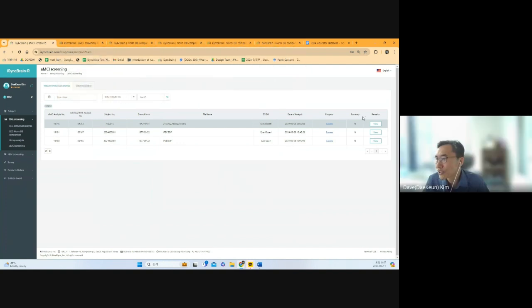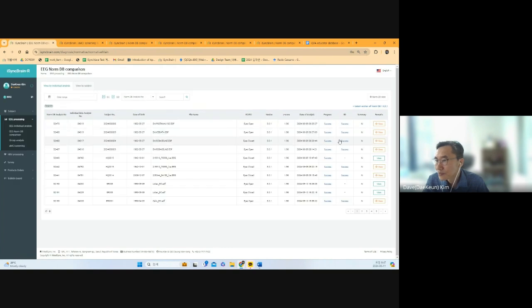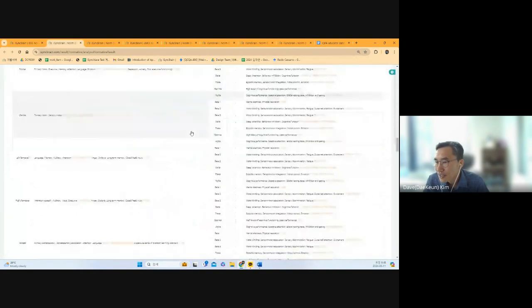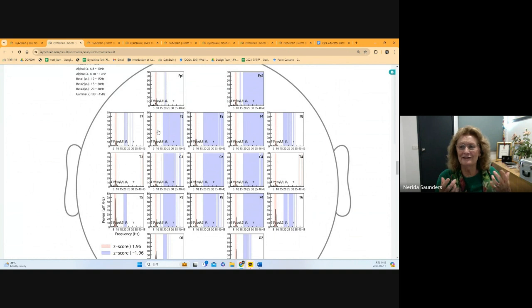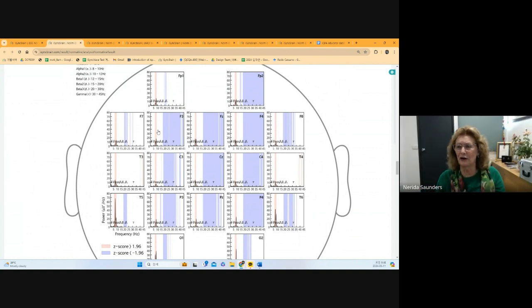For example, here, the spectra, you say this color is not so good, you mean? It's not bright enough. It comes out very plain on the reports.